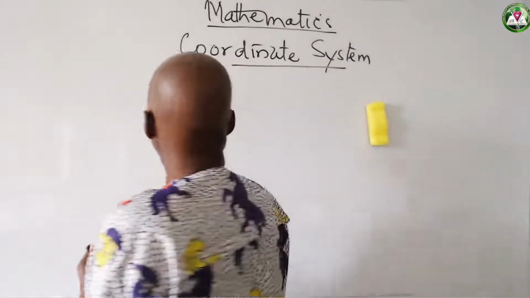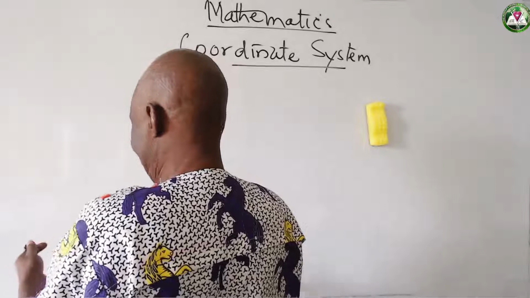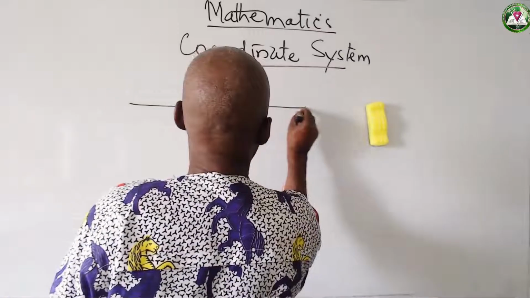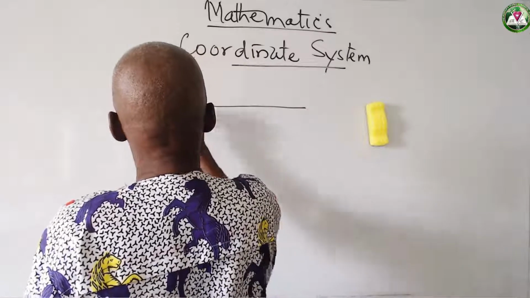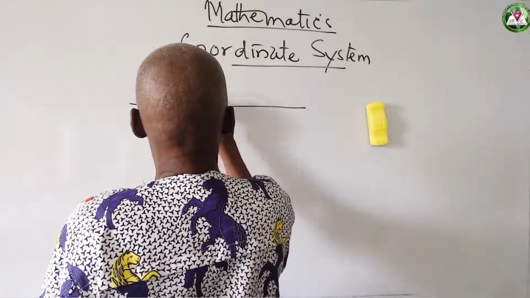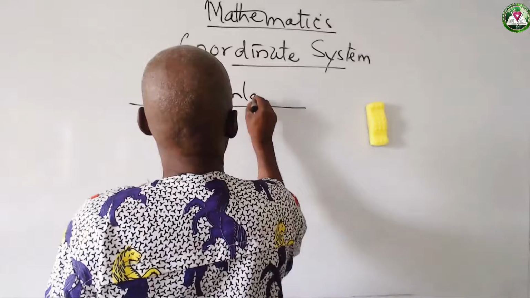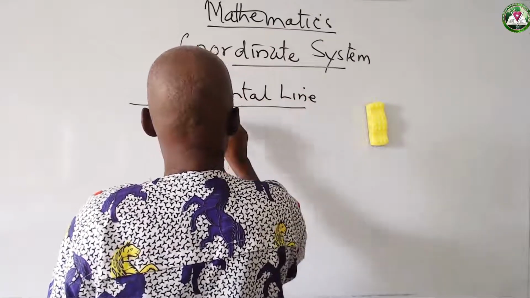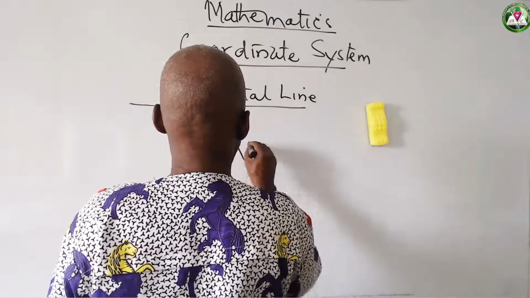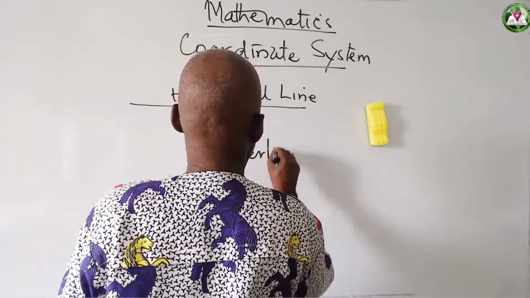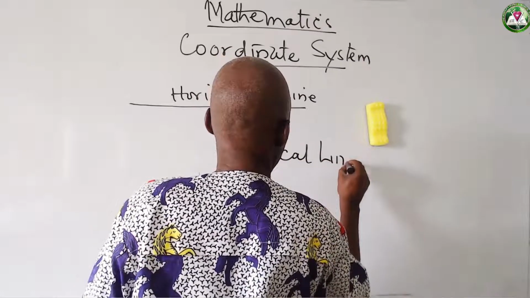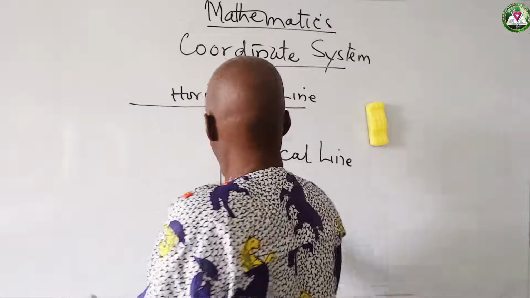It's a line that is drawn from left to right. It's a straight line, not just any line. Horizontal line. We also have its brother, vertical line.